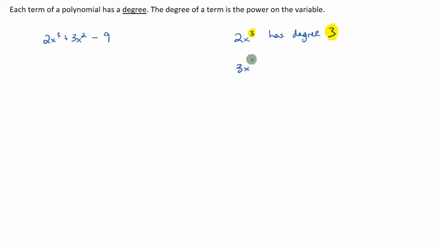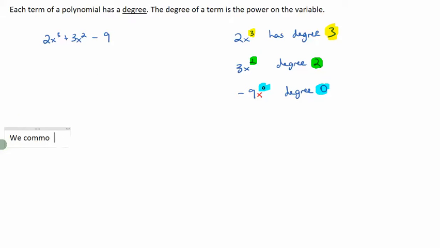3x squared is degree 2, because x is squared. And finally, negative 9 is degree 0, because of what we said before. It's like multiplied by x to the 0 power. Okay? So each term has a degree.